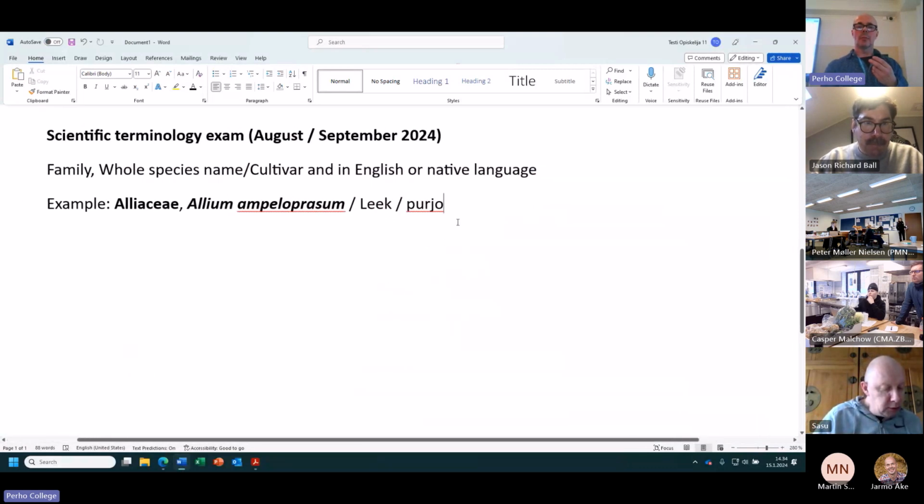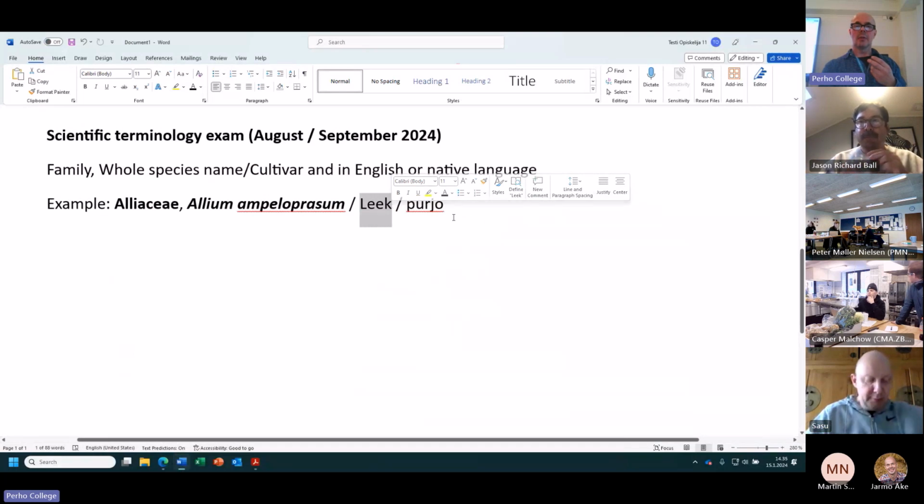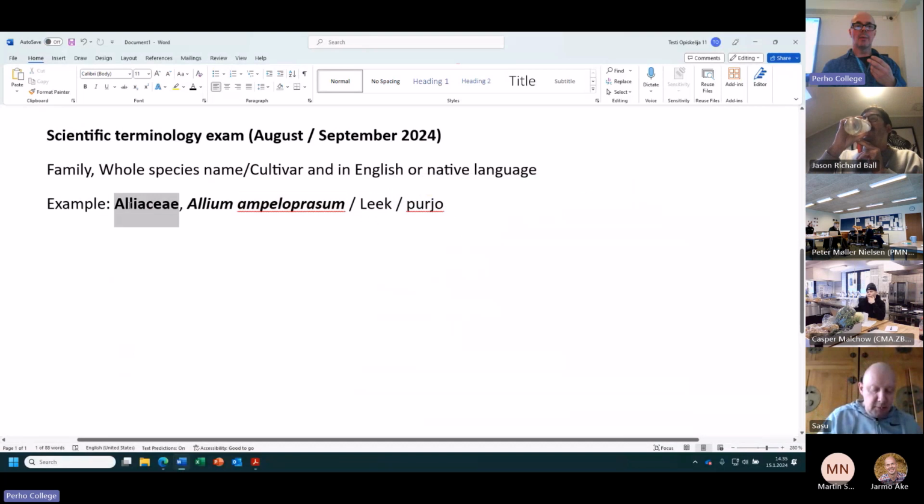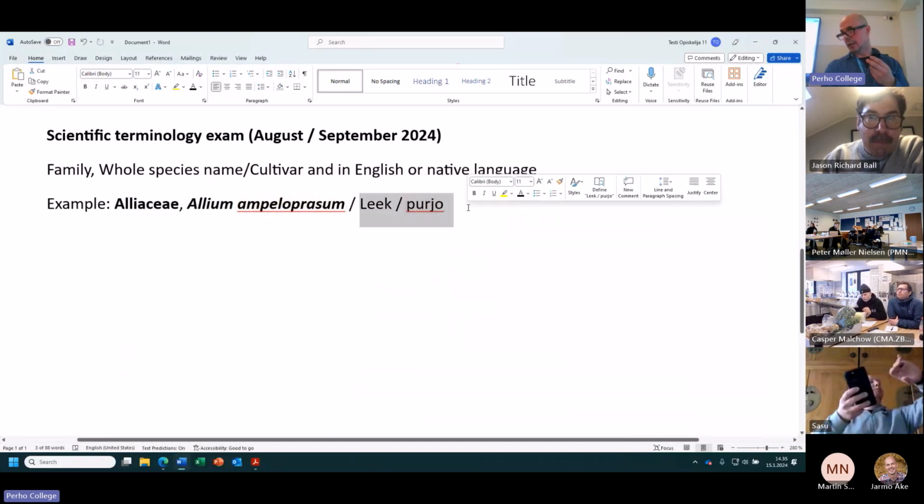There are, for example, about 20 different plants and vegetables or herbs. And when you see a plant that is leek, in Finnish purjo, then you would need to type the family and then the whole species name. So for example, when you see a leek on the table, you write down on a piece of paper the complete name, and then also the name in Finnish and or in English.